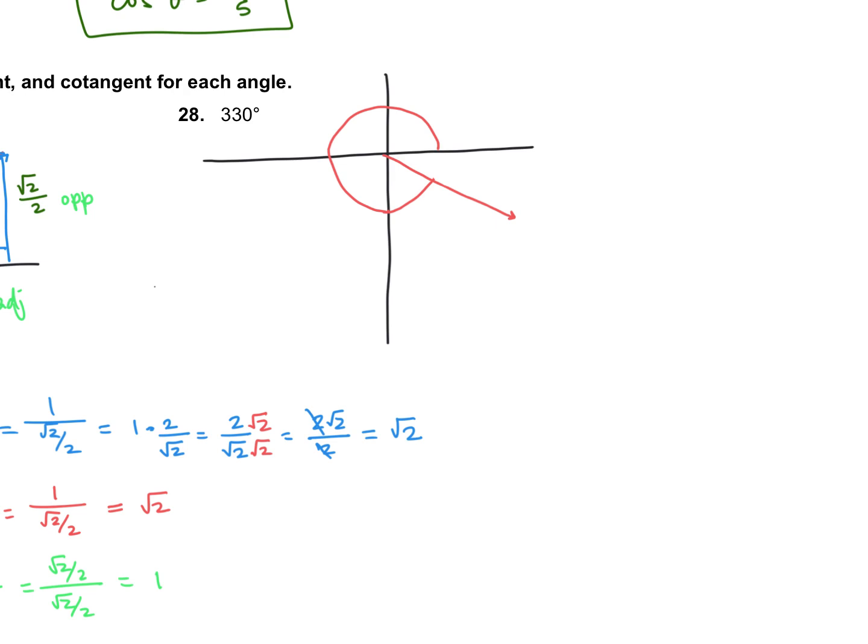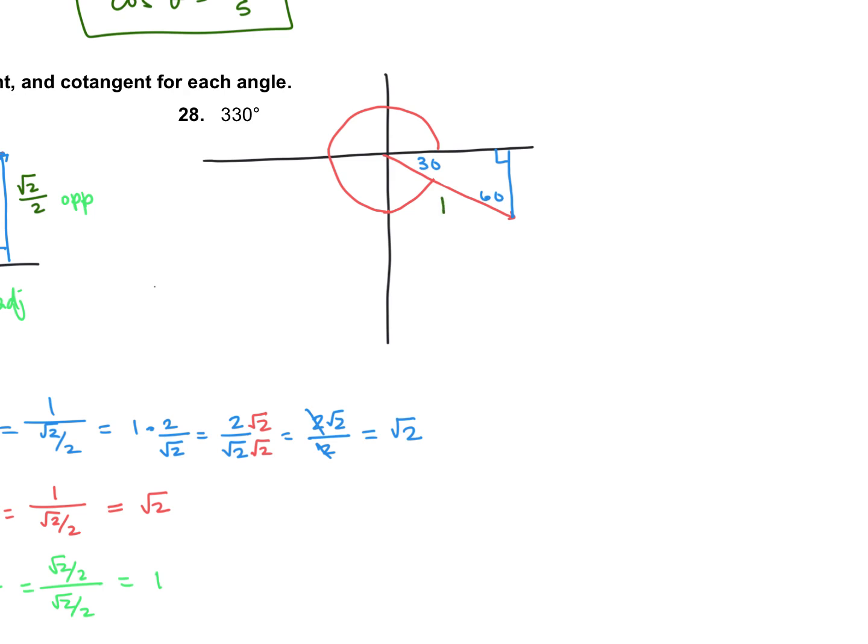Okay, so we are going to create our triangle, connect to the x-axis with a vertical line. There's our right angle. This is our 330 degree angle, and then 30 more degrees would get us back up there. So this is a 30 degree angle right there. So we're looking at a 30, 60, 90 triangle. We're going to borrow from the unit circle, and our hypotenuse is 1.